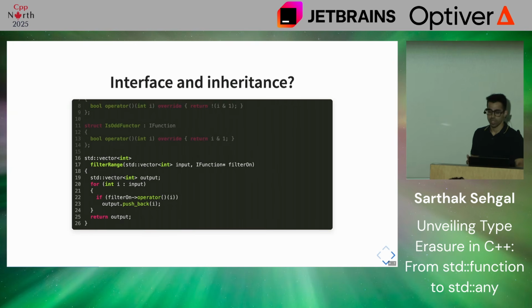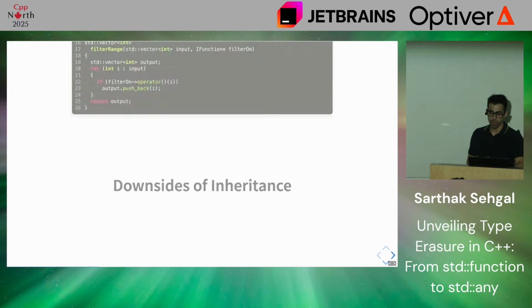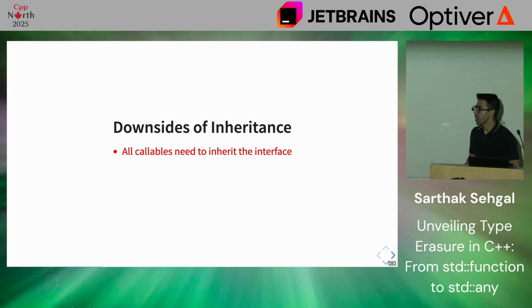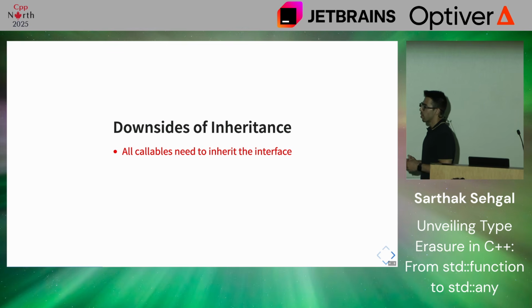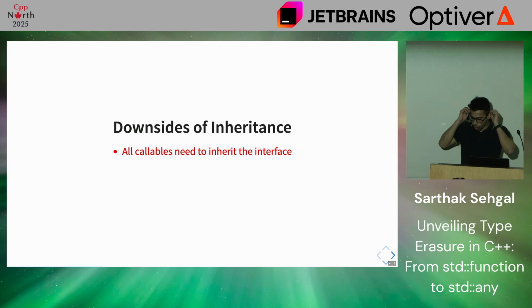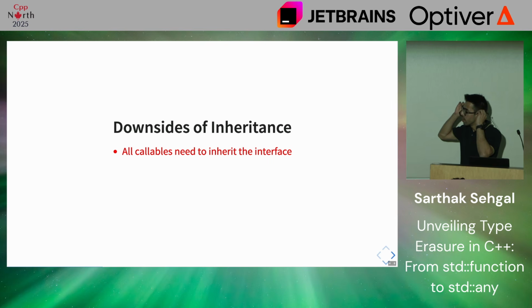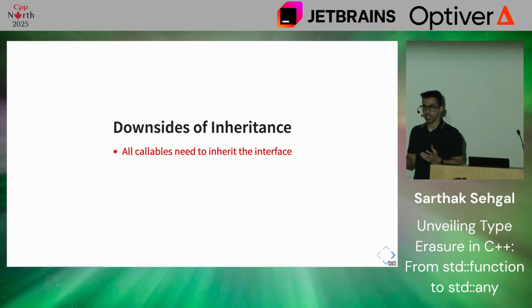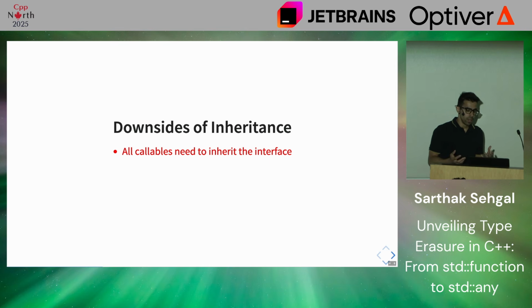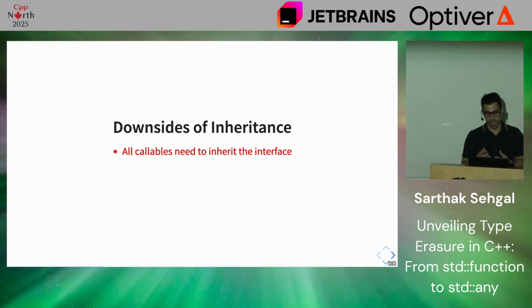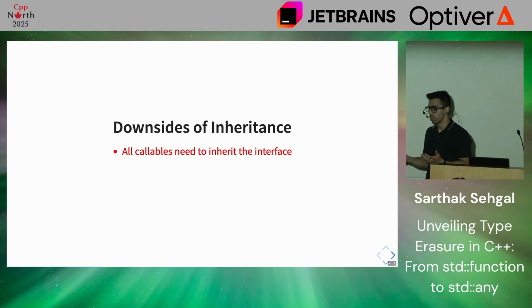There are some downsides of this inheritance-based solution. The first and the biggest downside is that all callables need to inherit the interface now. So if you pass any callable to it, it needs to inherit this interface iFunction. Imagine there's a third-party library which implements a complicated function which takes in an integer and returns a Boolean, for the sake of it, let's say an isPrime function.